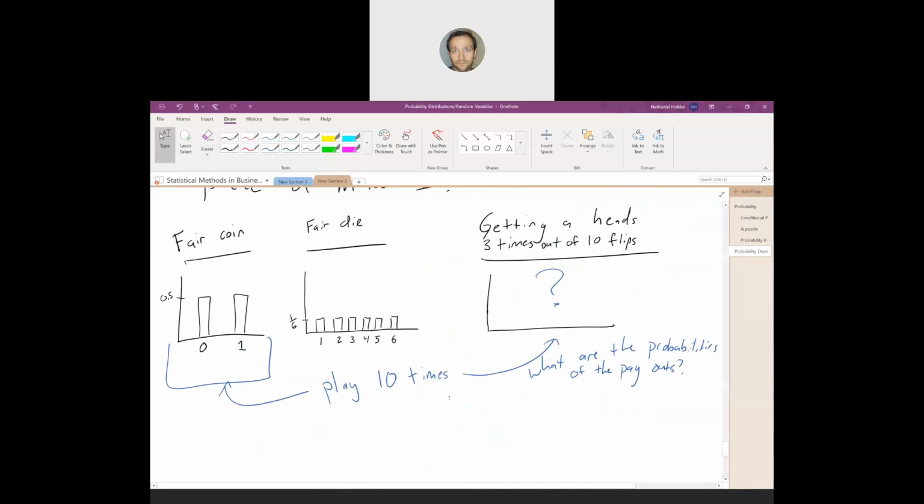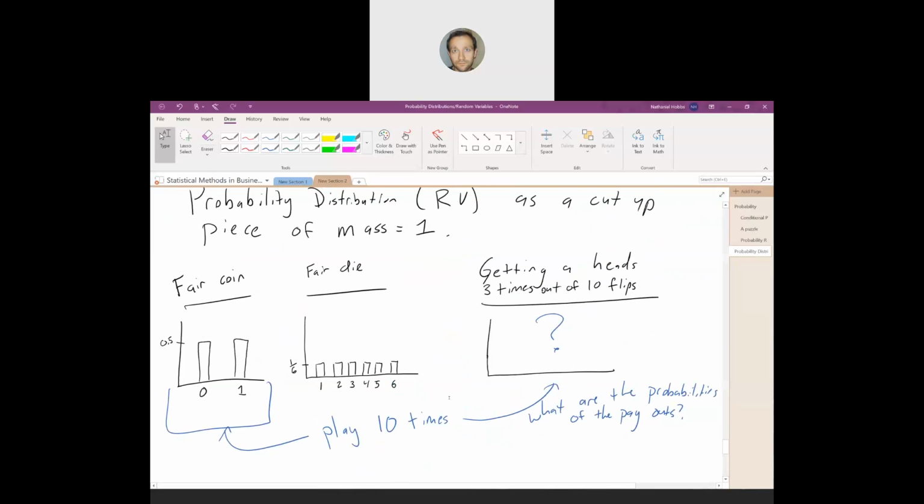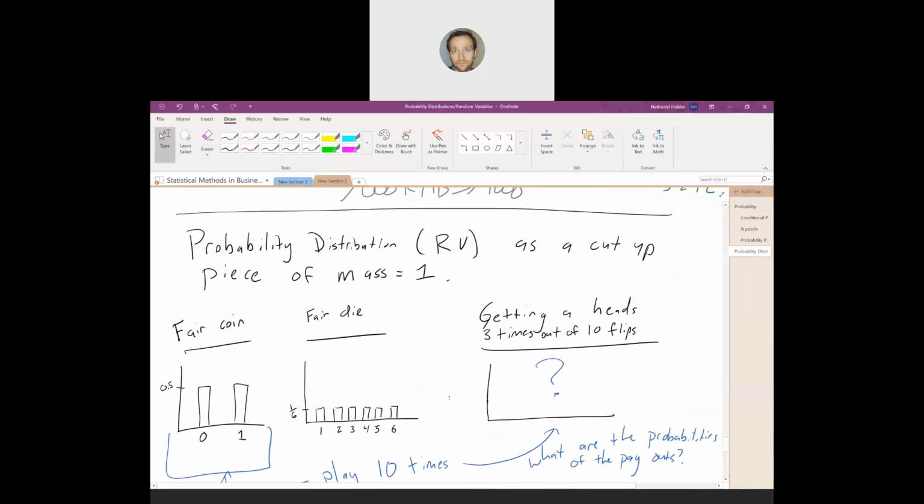In the meantime, I want to go back up, and I want you to spend some time thinking about a random variable or a probability distribution as like taking a chunk of clay that weighs a pound, and you distribute the clay however you want on a surface.